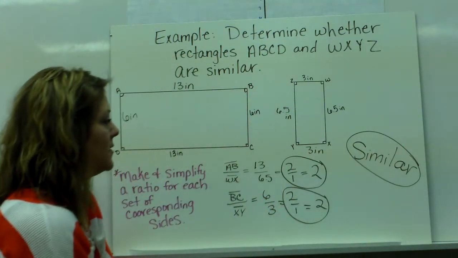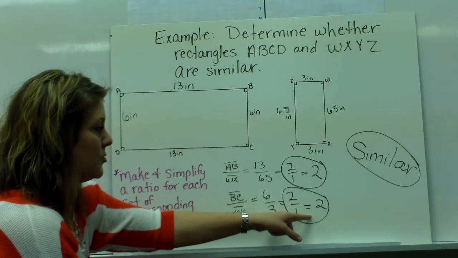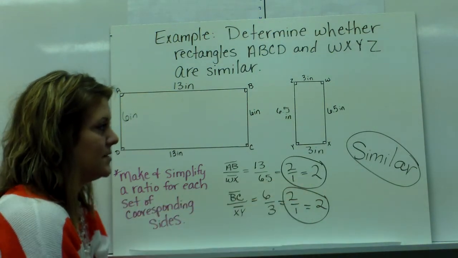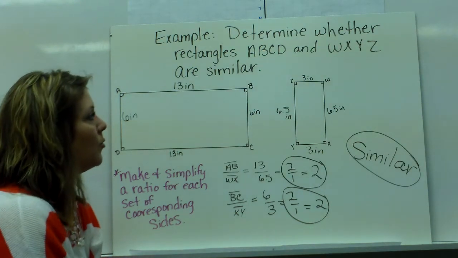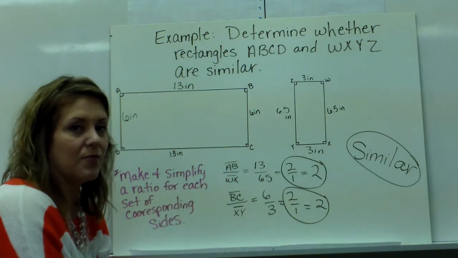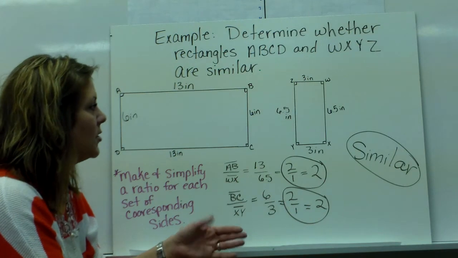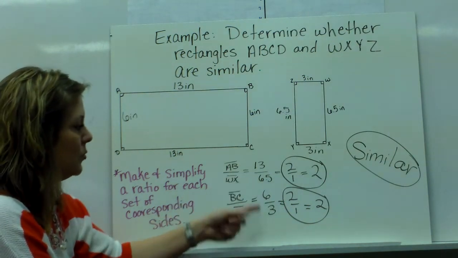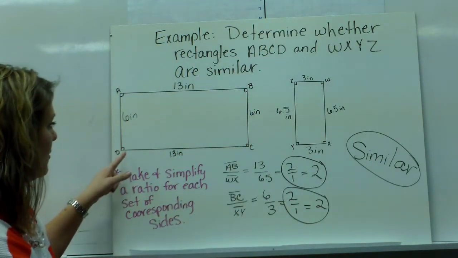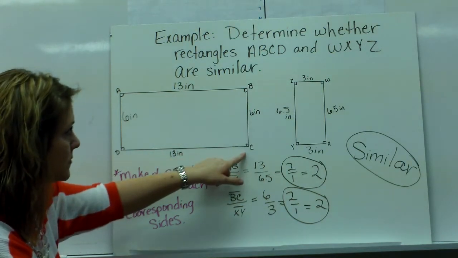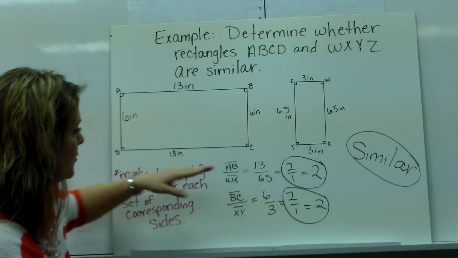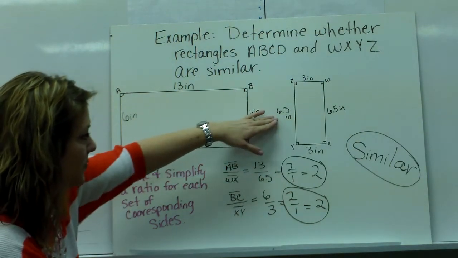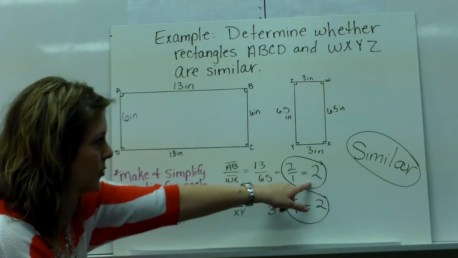And that is because when we set up those ratios, we got the same ratio in the end, the same simplified ratio. Now, you would have to do it for every side of the figure, but in a case of rectangles, we'll just be making two more of the same ratios because we can compare DC to ZW, which is this side here. So again, we'd be doing 13 over 6.5, which is equal to 2.